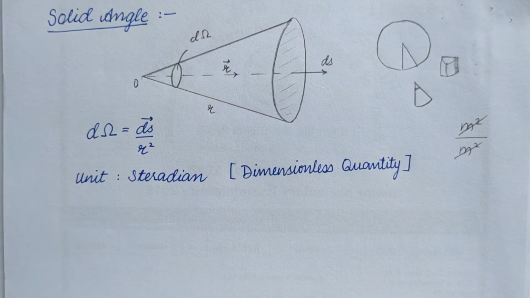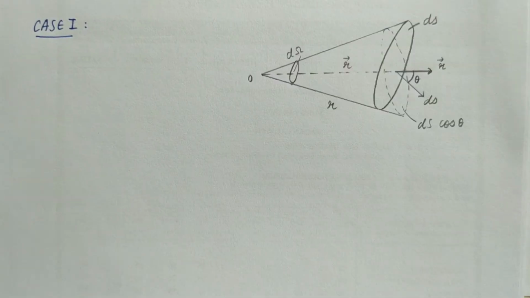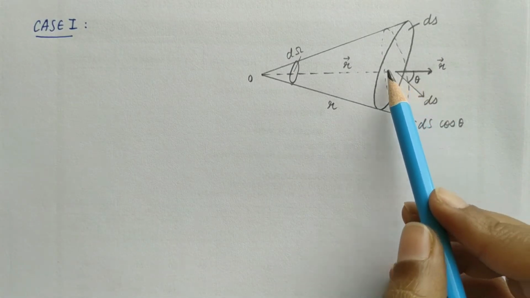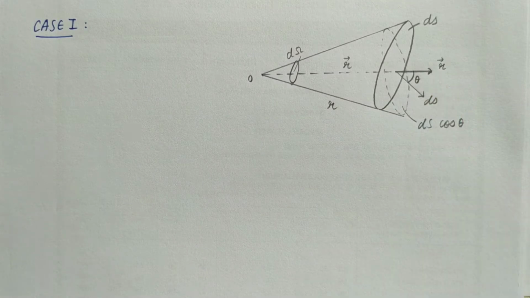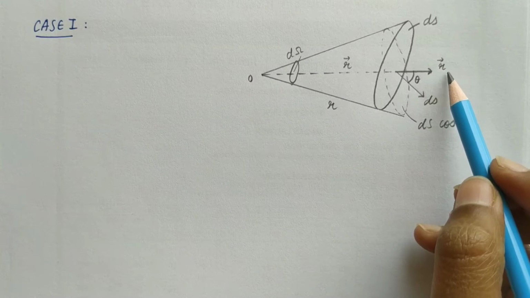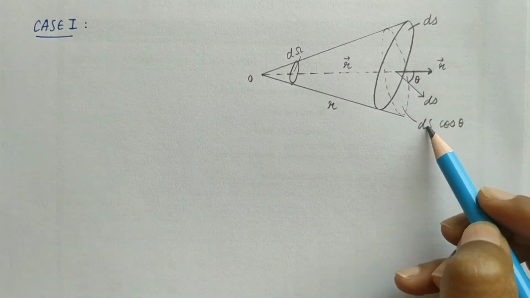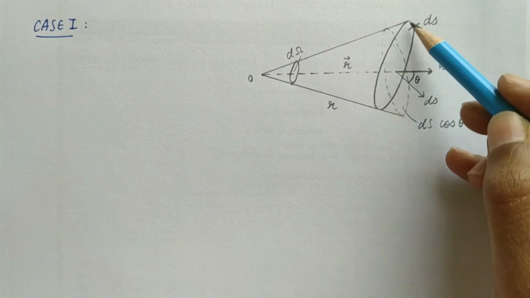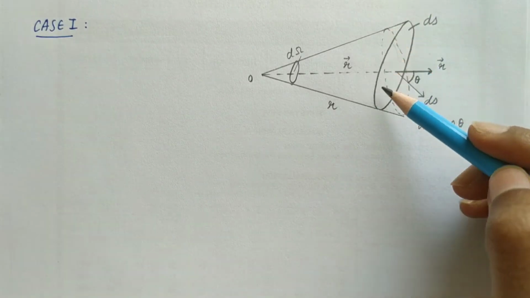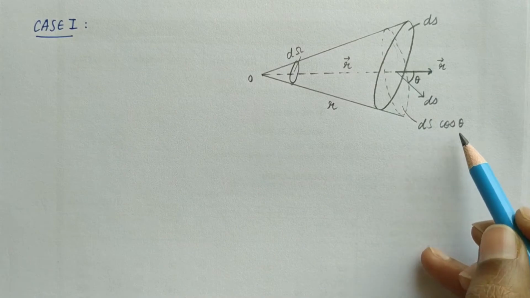Now let's consider 3 cases in it. Case 1, suppose an elemental area vector ds makes an angle theta with the radial vector r. So the projection area perpendicular to the r vector is ds cos theta. This area was ds, now we have projected it with some angle. So now the area that we get is ds cos theta.